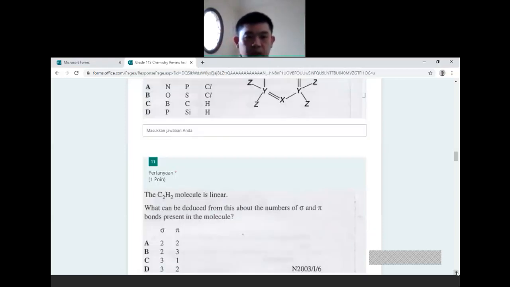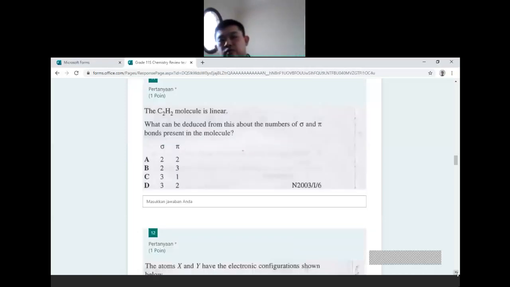Number 11, the C2H2 molecule is linear. C2H2 is a molecule with a triple covalent bond. What can be deduced from this about the number of sigma and pi bonds present in the molecule?